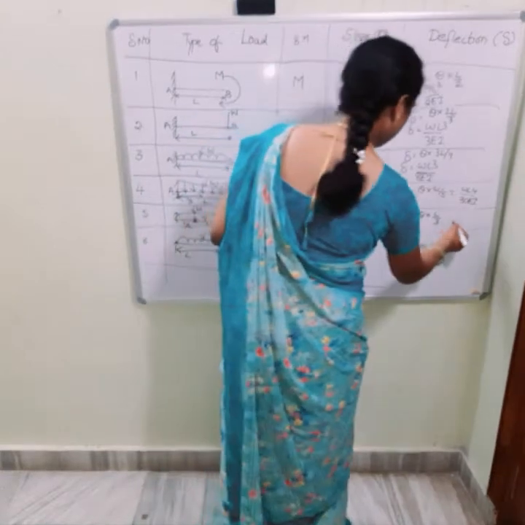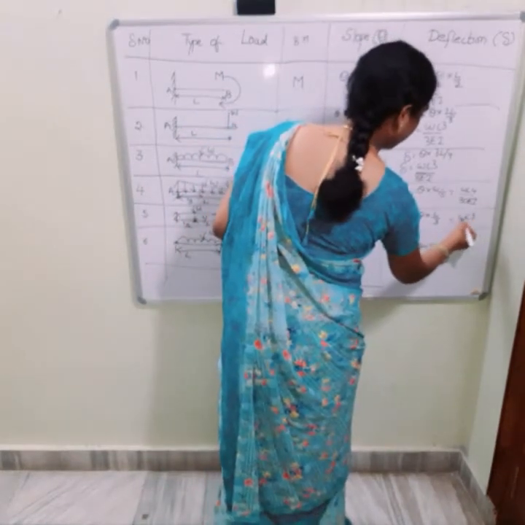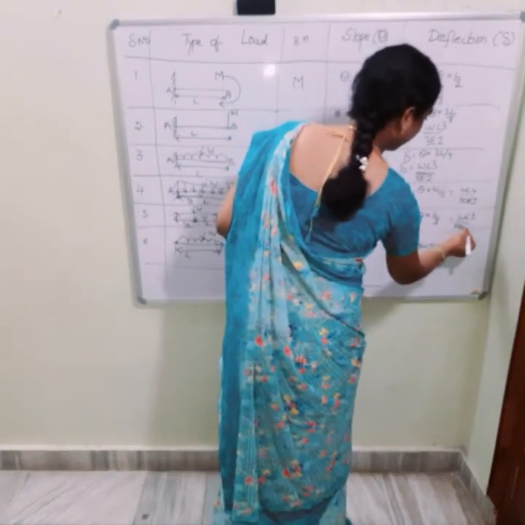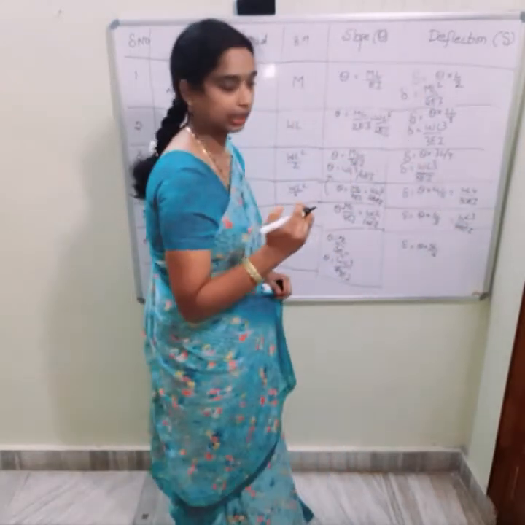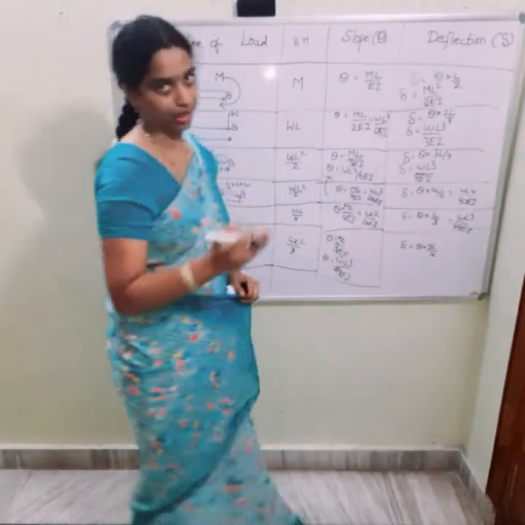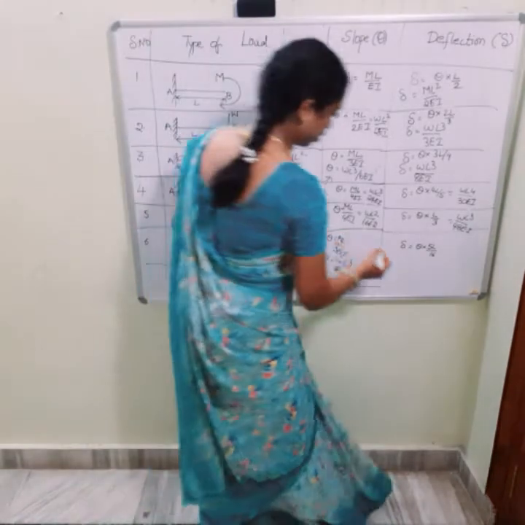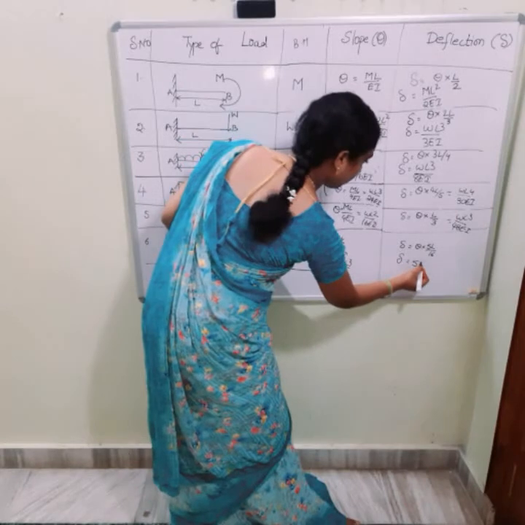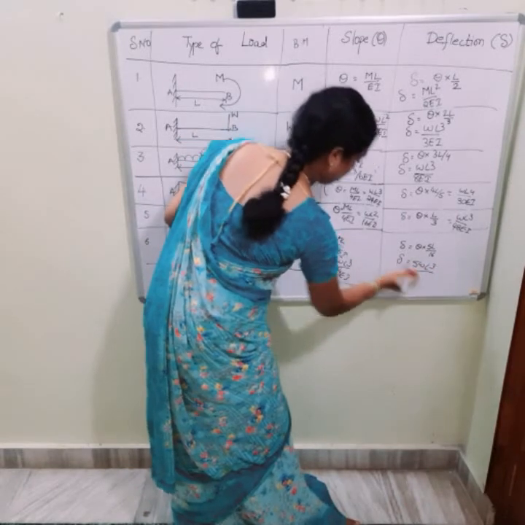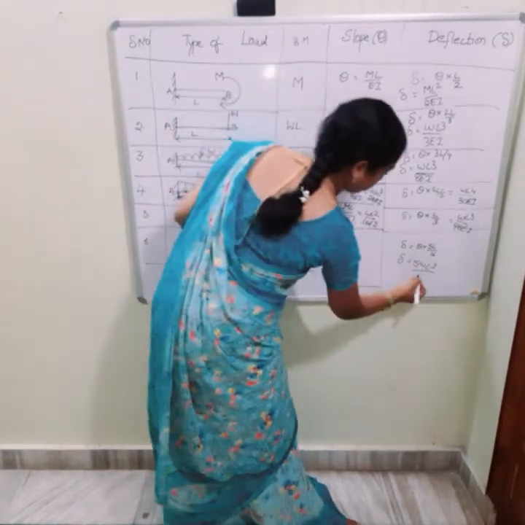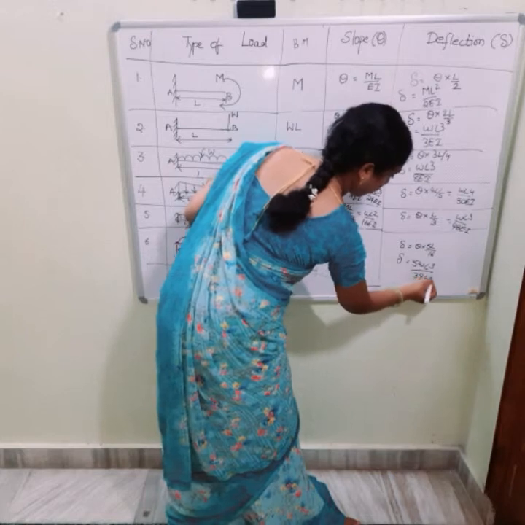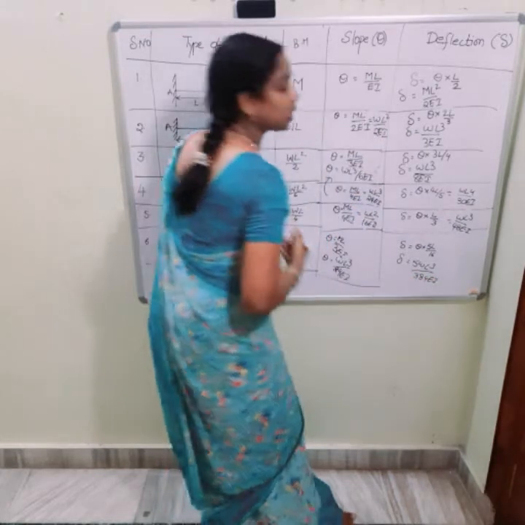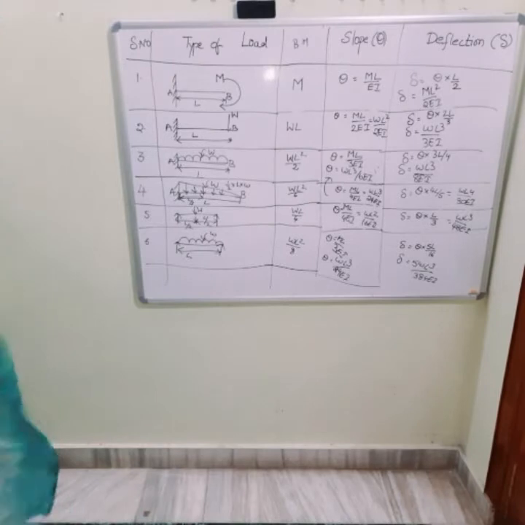Next here, WL cube by 48EI. I am simply substituting the theta value in deflection. Next one, 5 WL cube by 16 into 24 is 384, so it is 384EI. So please once check out these formulas.